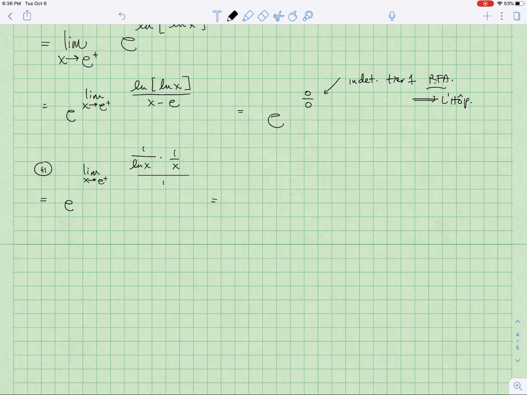And what we get here this time when we evaluate the limit is e raised to the 1 over the natural log of e times 1 over e all over 1. The natural log of e is 1, and this becomes e to the 1 over e. And that's our result. Let me fix that circle. And that is our result.